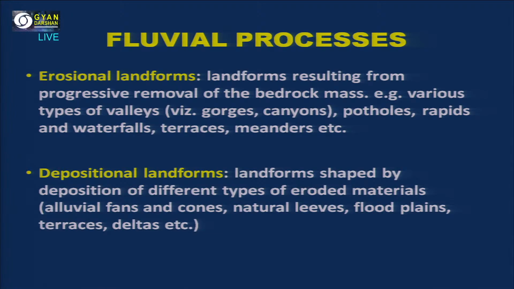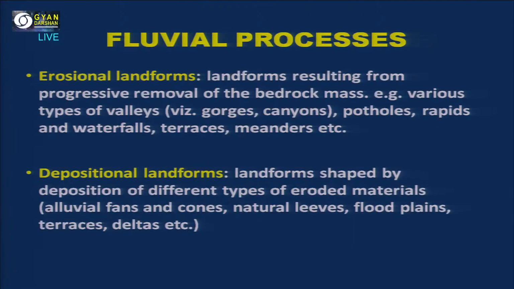The erosional landforms are nothing but the landforms that result from progressive removal of the bedrock mass. For example, you see various types of valleys like gorges and canyons, and even potholes, rapids, waterfalls, terraces, then meanders. These are the erosional landforms.